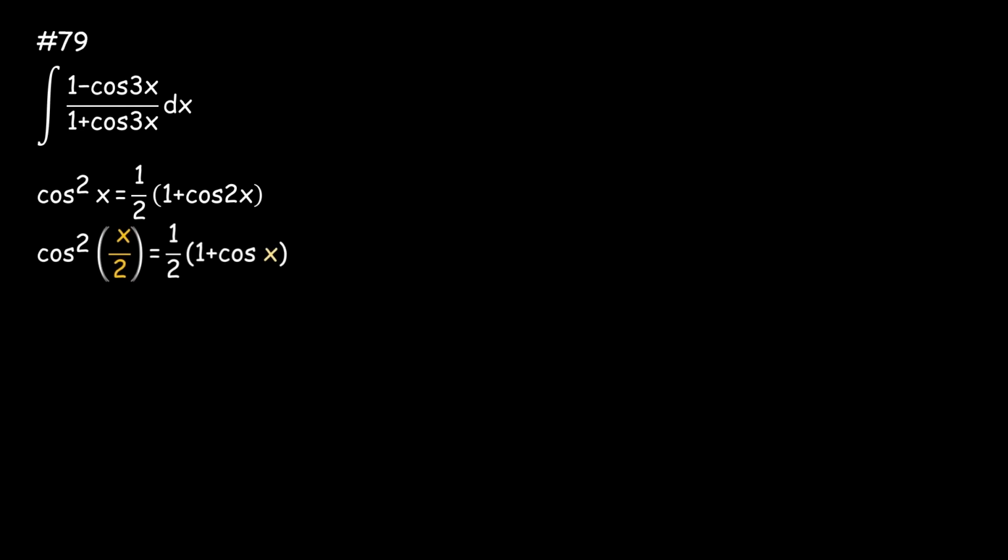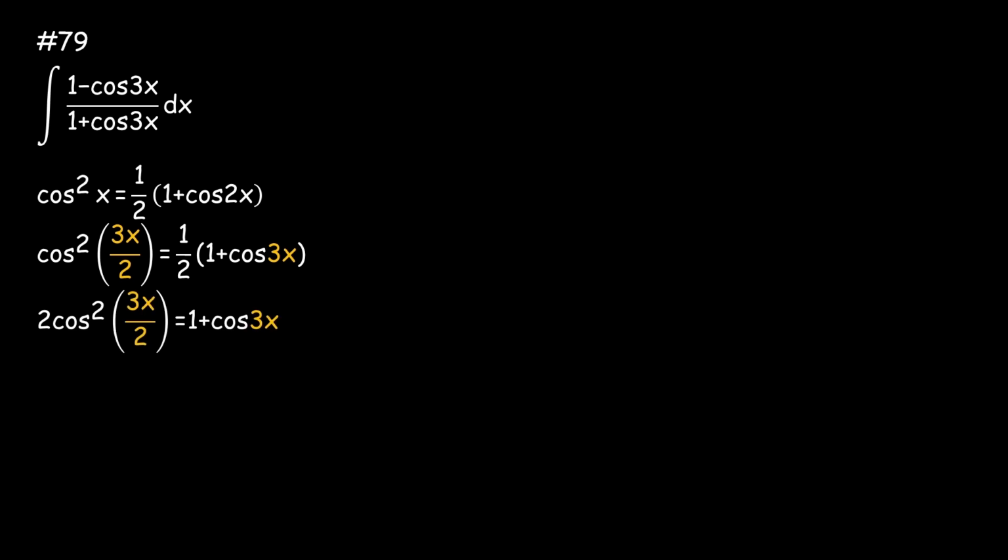And then for 3x, cos squared 3x over 2 is equal to 1 over 2 times 1 plus cos 3x, which is what we're looking for. This means 2 cos squared 3x over 2 is equal to 1 plus cos 3x. Similarly, 2 sine squared 3x over 2 will be the same as 1 minus cos 3x.